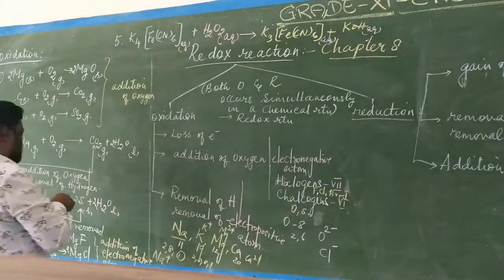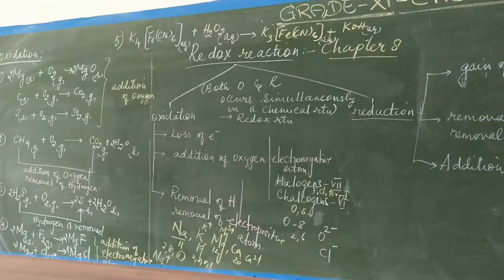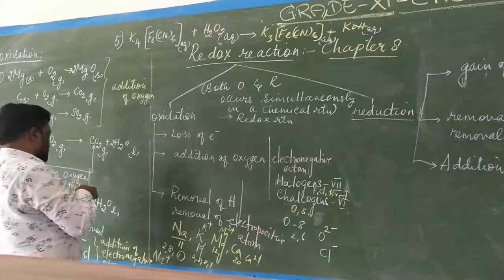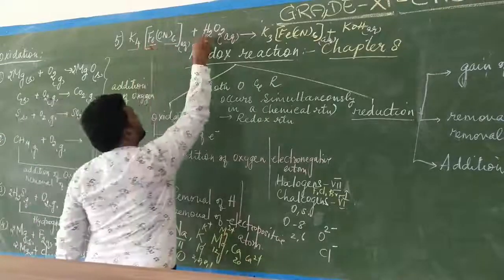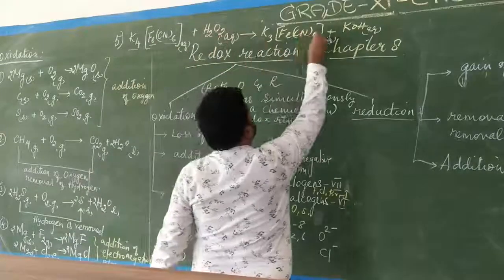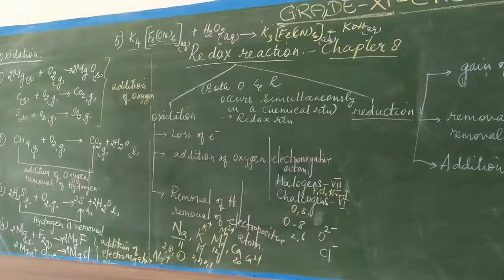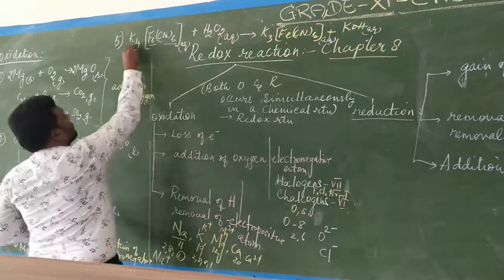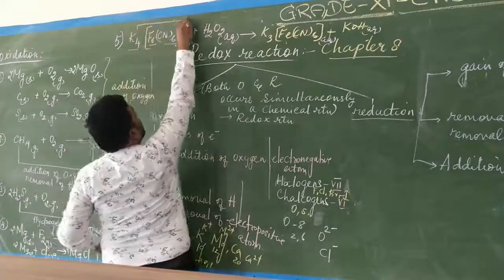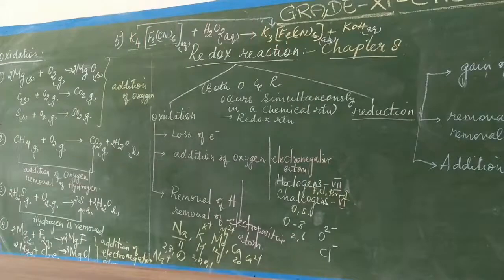So, this is the fifth one. Potassium hexacyanoferrate with hydrogen peroxide and potassium hydroxide. Now, what is the condition here? You see, this K4 is getting reduced to K3.